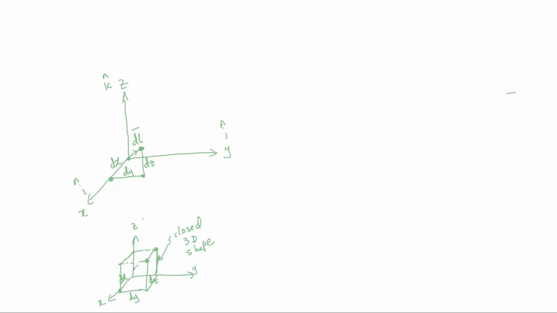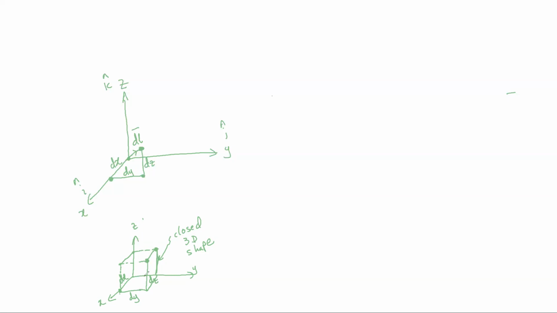So each of the faces of the cuboid will have a certain area, right? So surface element means each of those areas, right? So we can actually define surface element by taking the area of each of these faces, right?